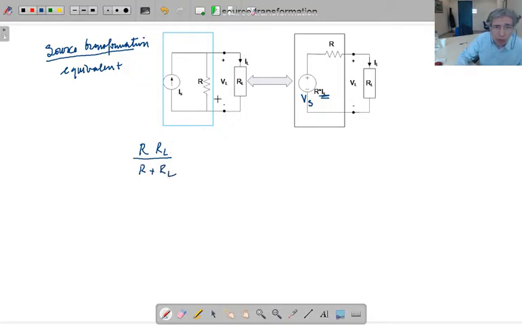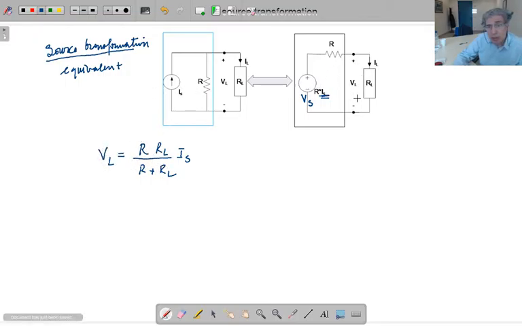If you multiply this equivalent resistance value with this current, IS, that is going to be this VL value, isn't it? That is the VL on the left hand side circuit.